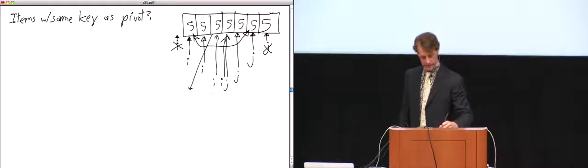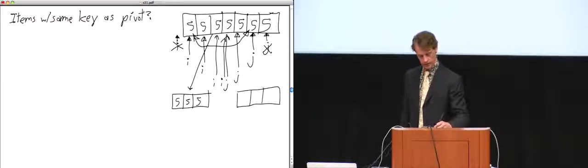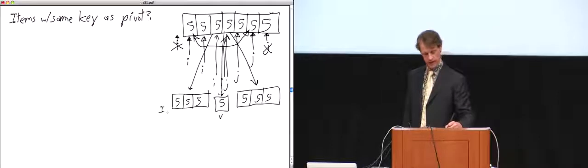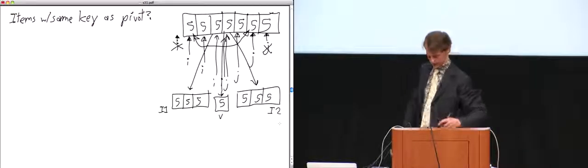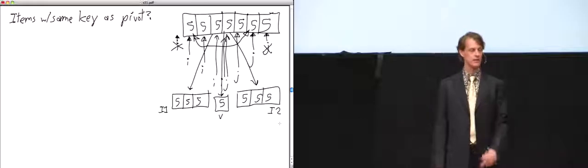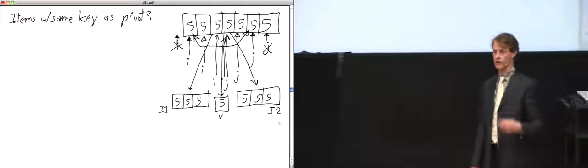So we're going to get a recursion where we quicksort these 3 5s, another recursion where we quicksort these 3 5s, and the pivot goes in the middle. And hey, we have a perfectly balanced split because we were smarter about the rules for what we do when we hit a key that's equal to the pivot. And now we're going to get an n log n sort instead of an n squared sort because we're getting these perfectly balanced partitions when all the keys are equal.